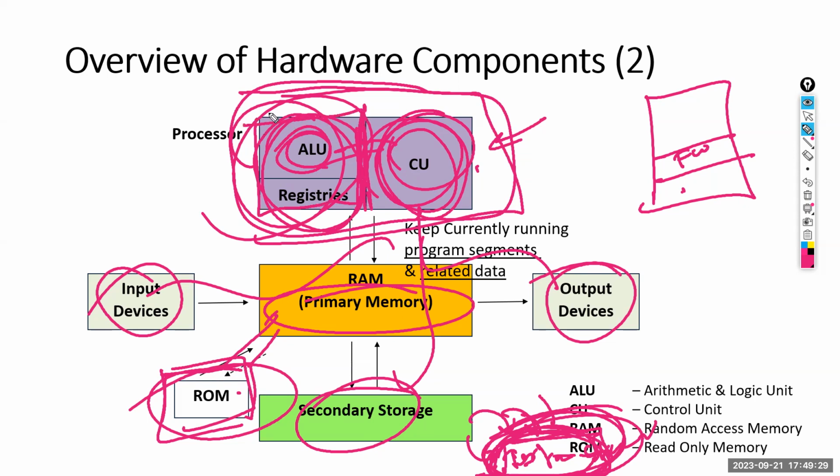But registers are again like RAM, storage. Storage inside the ALU. So why do we call it the arithmetic and logic unit? Because it can do arithmetic processing, and it can do logic or Boolean logic processing. Arithmetic processing, logic processing.